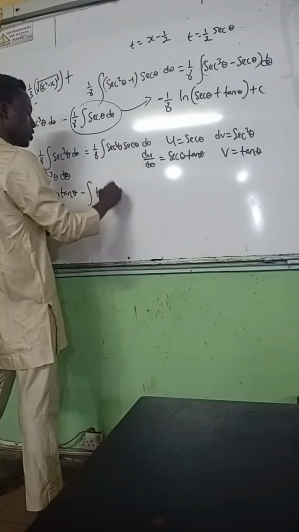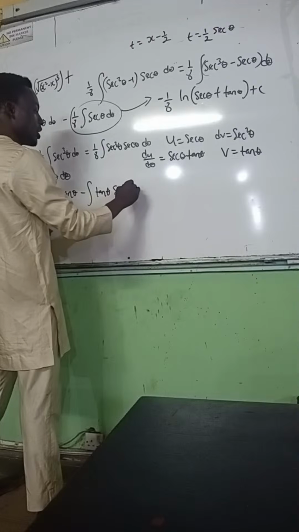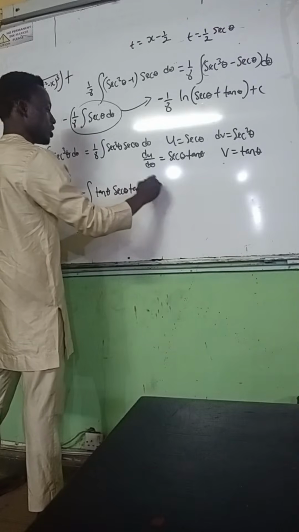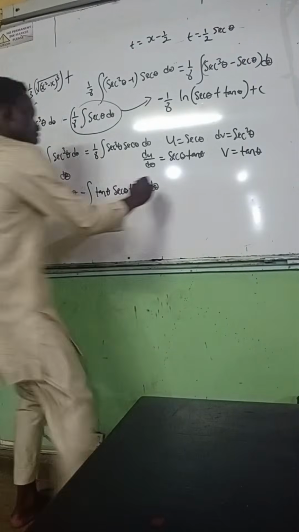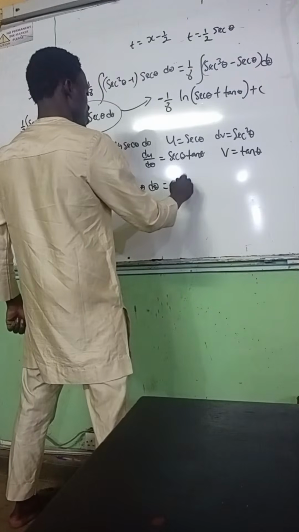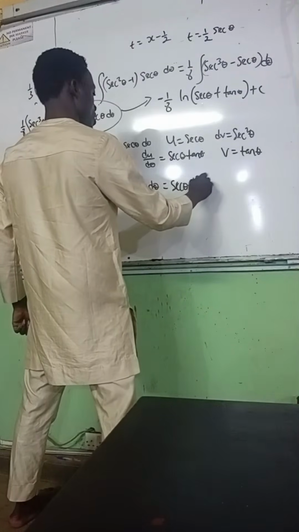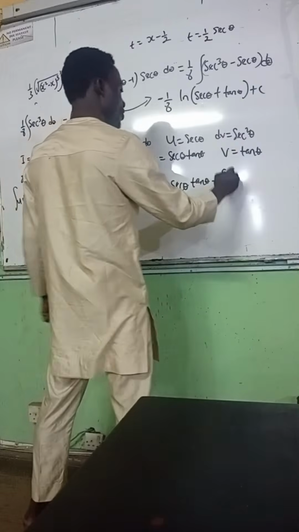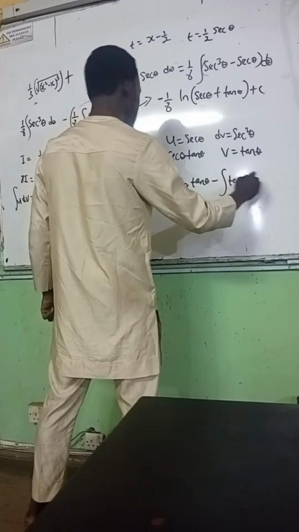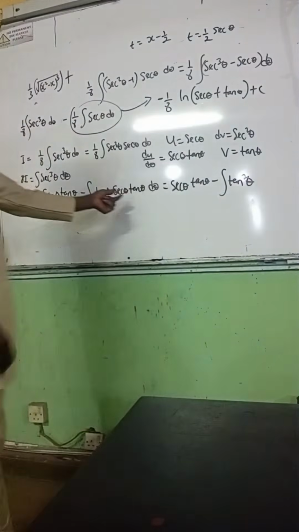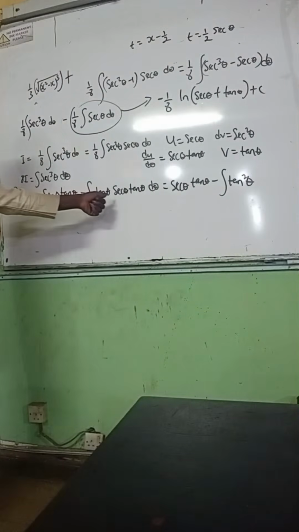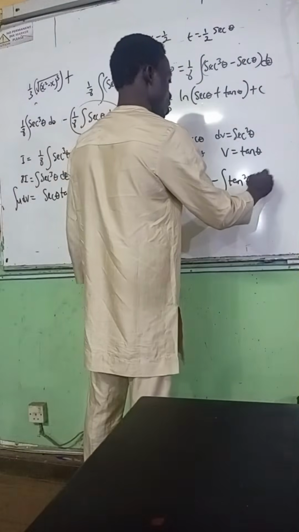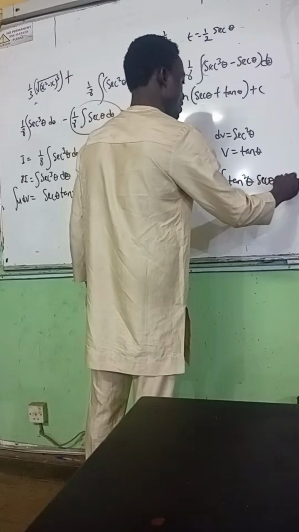Du is what? Sec theta tan theta d theta. So which is going to give us sec theta tan theta minus integral of tan square theta sec theta d theta.